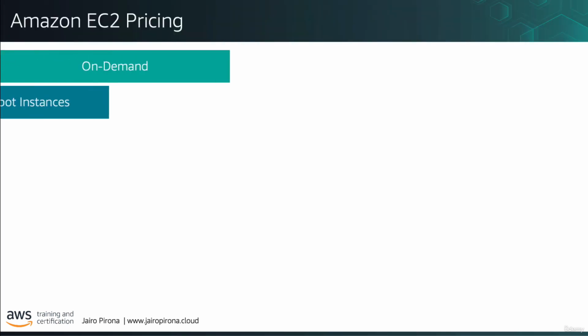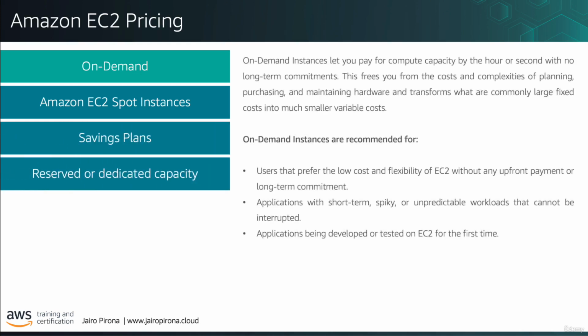Then, with respect to on-demand instances, as the name suggests, it allows you to pay for computing capacity by the hour or second with no long-term commitments. Thanks to this, you won't have to worry about the costs and complexities of planning, purchasing, and maintaining equipment. For example, suppose you are a freelance developer and have been hired for a short-term web development project.